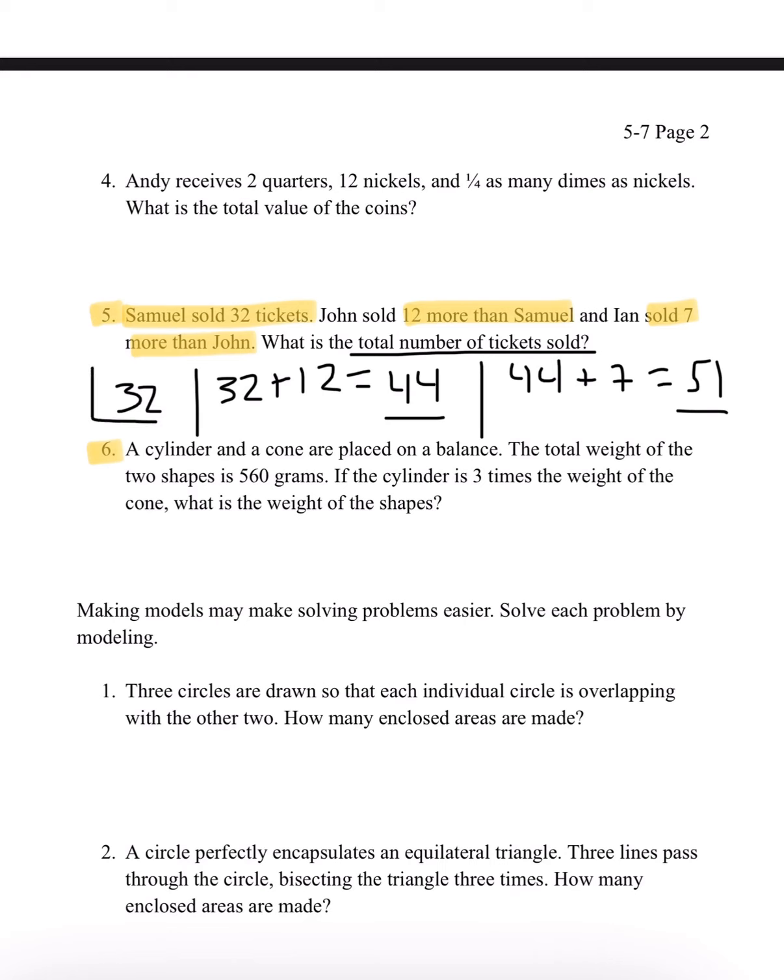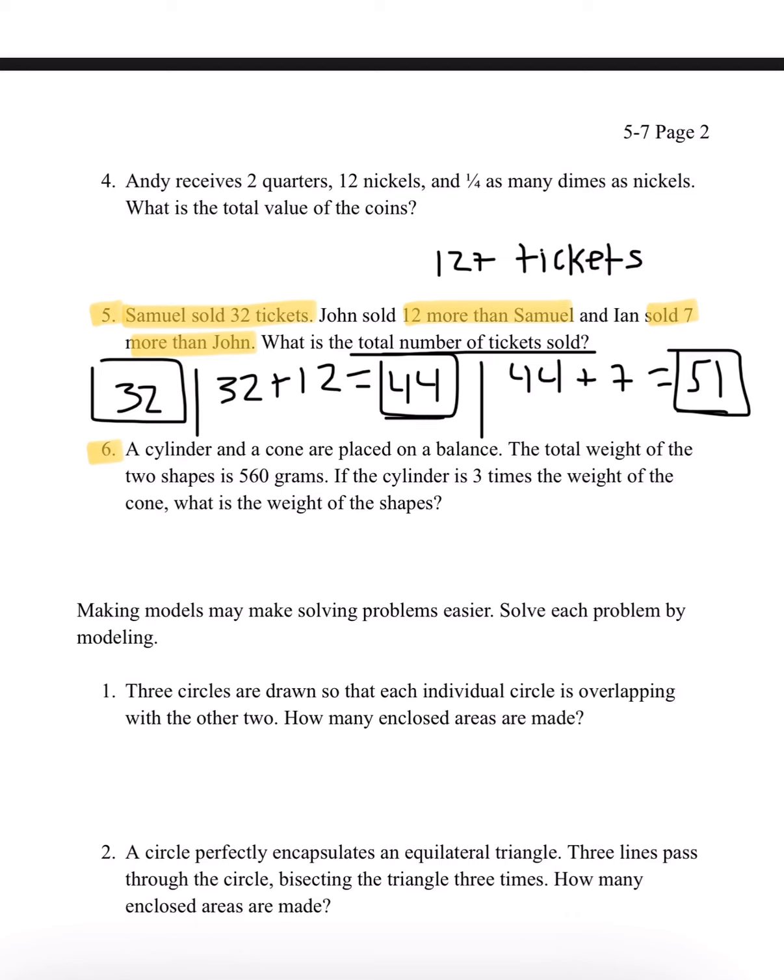So Samuel sold 32, John sold 44, and Ian sold 51. So if we find the total, we just have to add their totals together. So 51 plus 44 plus 32 gives us 127 tickets sold in total. And that's our answer.